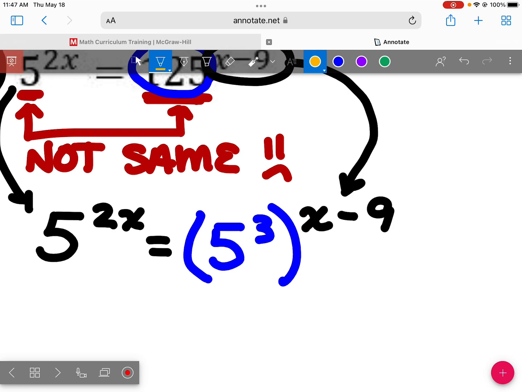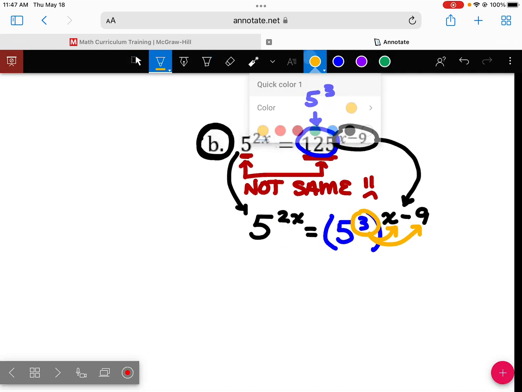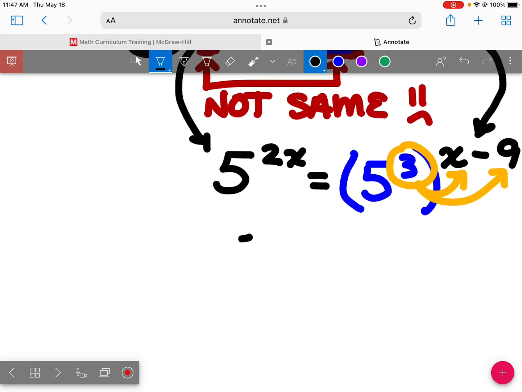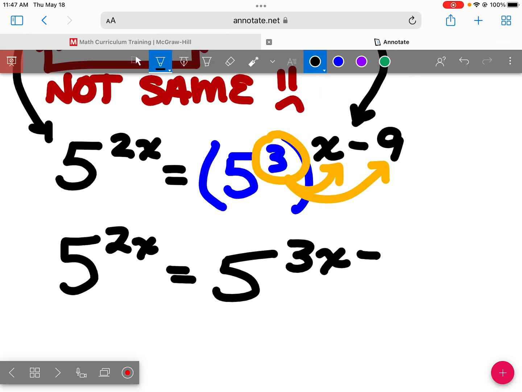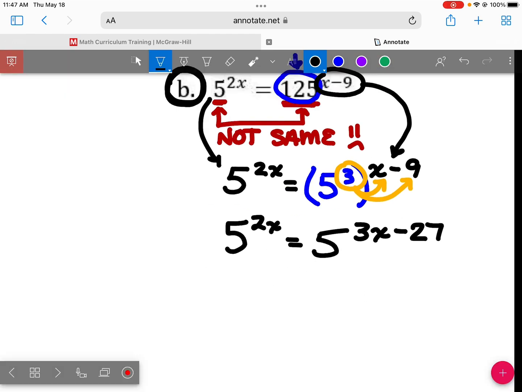I need to take this exponent of 3 and distribute it to both of those pieces. So 5 to the 2x equals 5 to the 3x minus 27.